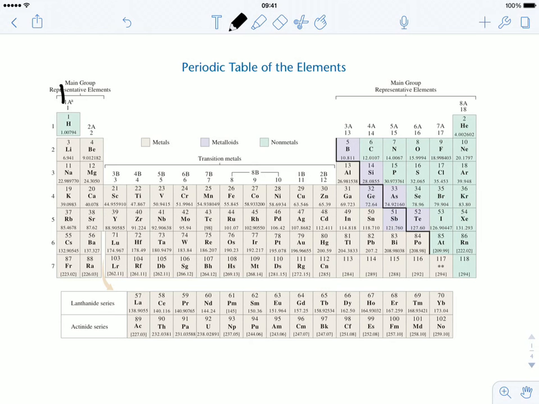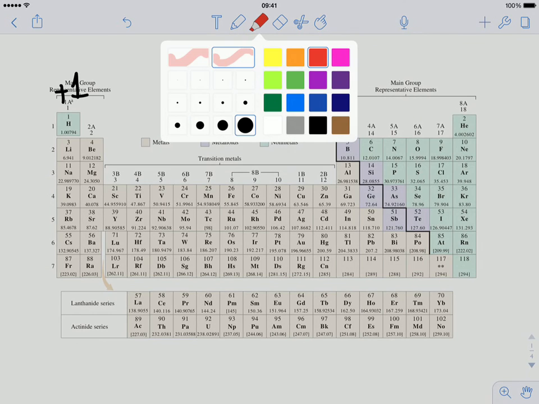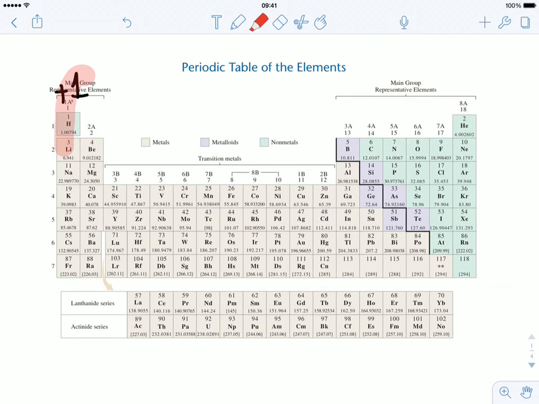This column right here always forms +1 ions. Right here, this first column. Meaning you can take any element in this column and put a +1 in front of it, or behind it, sorry. And this is the ion that these elements form.